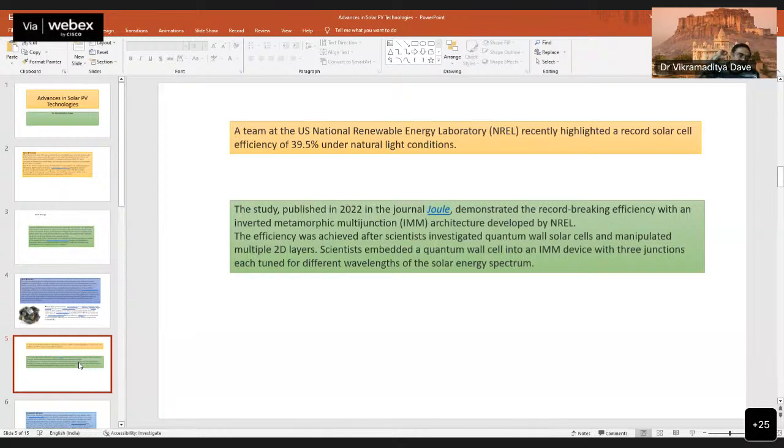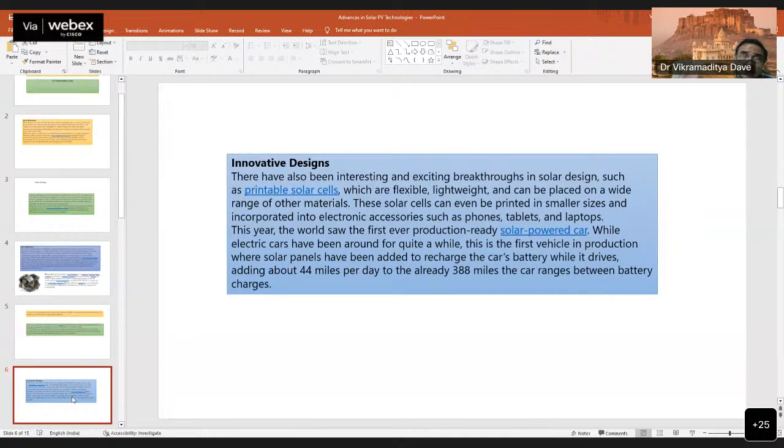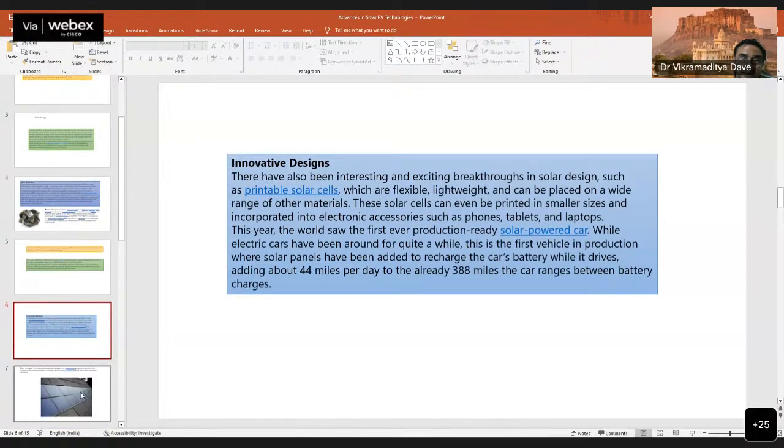A new material has also been developed, and they are able to reach an efficiency of approximately 40% for a solar cell. So these are the two latest achievements in 2022, which can revolutionize the whole solar photovoltaic technology.